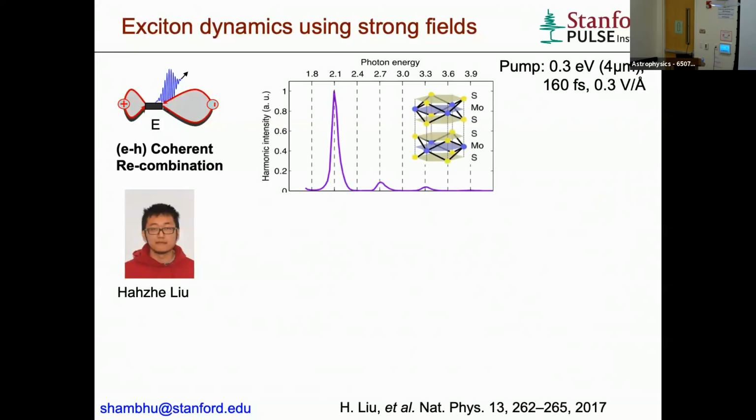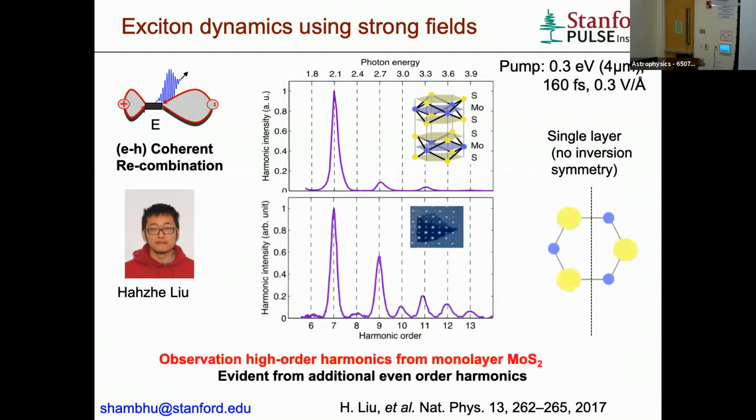This is one of the first results in MoS2. What you see here is the harmonic spectrum, first from the bulk of MoS2. These are a few harmonics, and this work was led by Hanzhe Liu, who also graduated. When you put the single isolated layer in the setup, you also measure a harmonic spectrum, but this spectrum gets much more interesting.